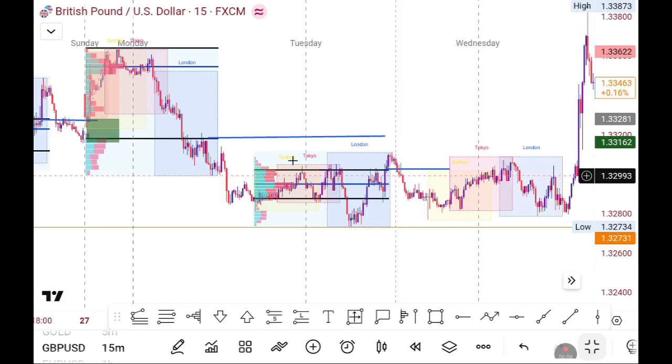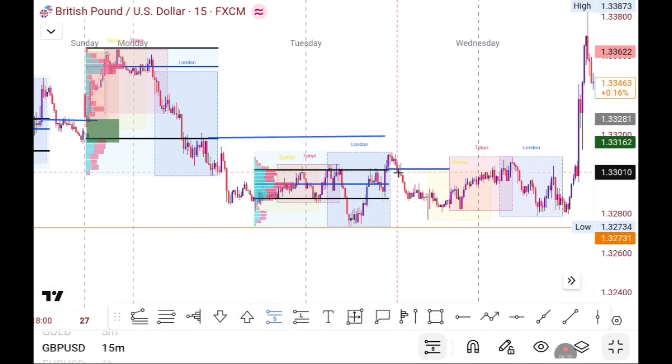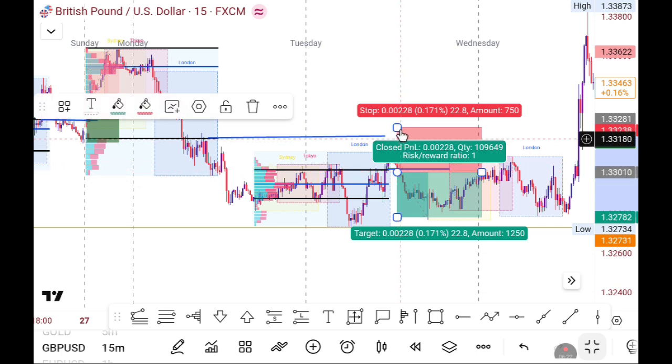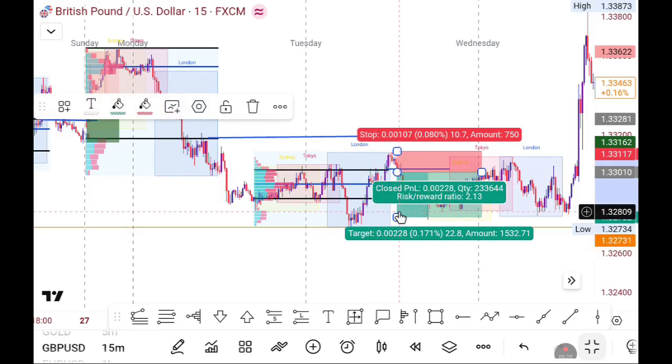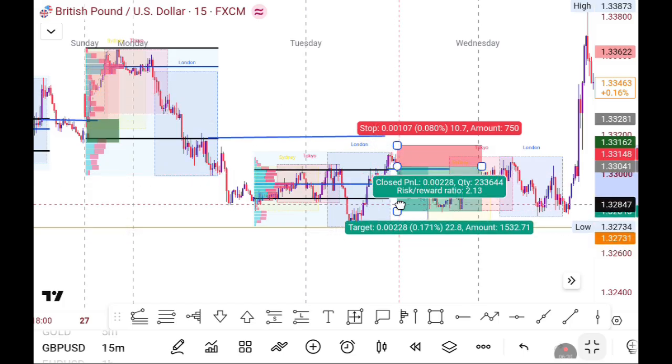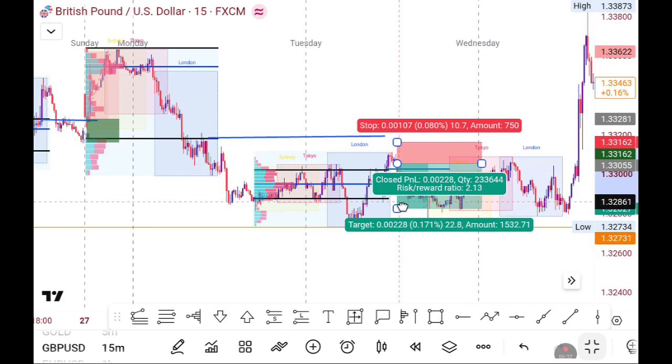The candle was struggling to break, but once it broke it came back in and rejected this area. If it rejected that area, that's our entry. A rejection is our entry. Our stop loss goes above the London high, and our TP on the London low or something like that.